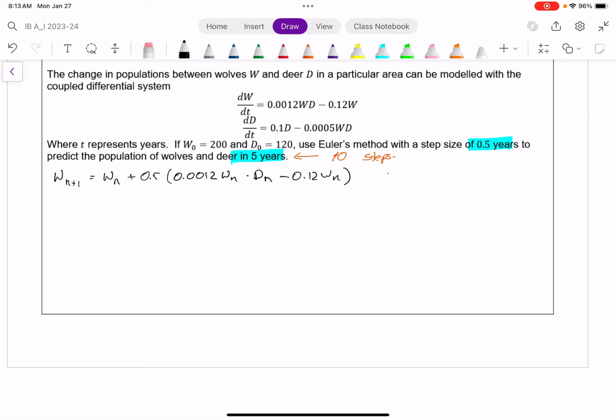And we know our initial population for wolves is 200. So for example, in the T84, that would most likely be my U sequence, since the T84 usually by default starts with U.